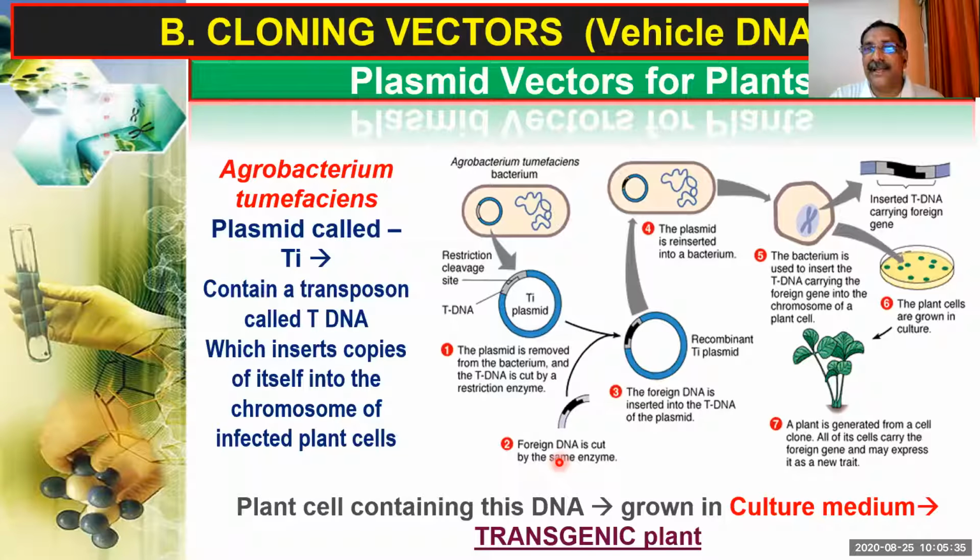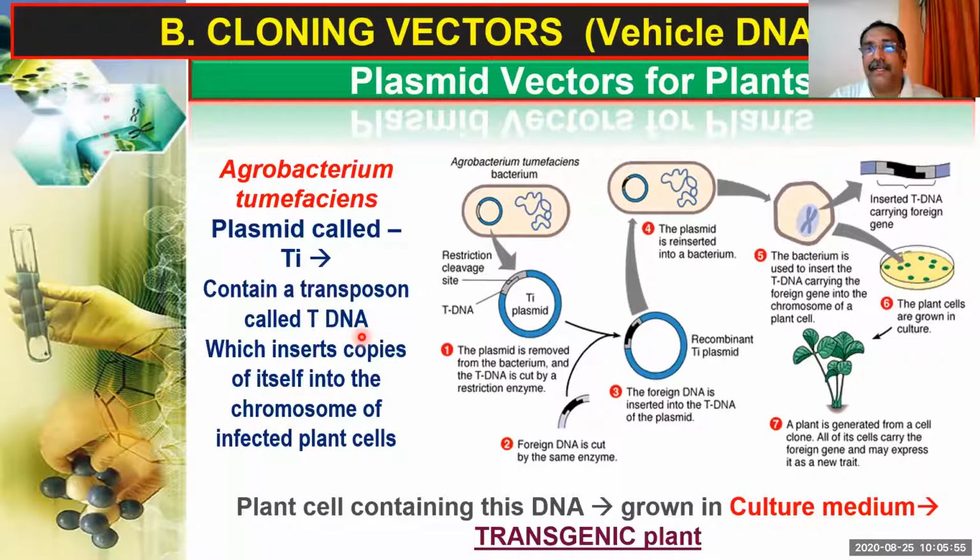And this tDNA has a particular character: wherever it enters, especially in plant cells, it gets multiplied. So the tDNA gets multiplied when it is inserted into the plant cell chromosome. This is the nature of the tDNA.